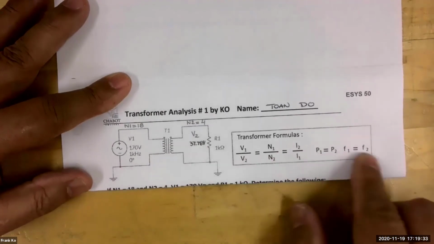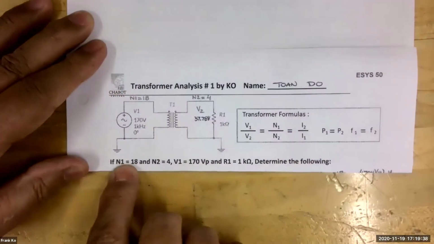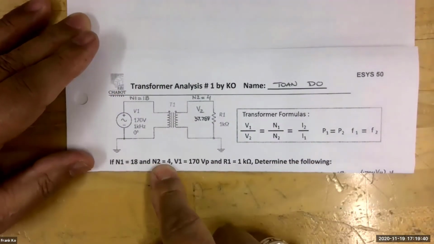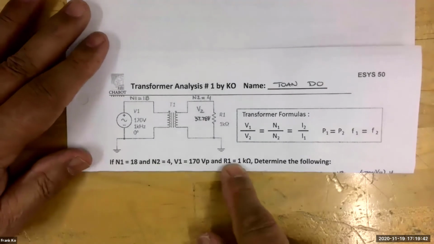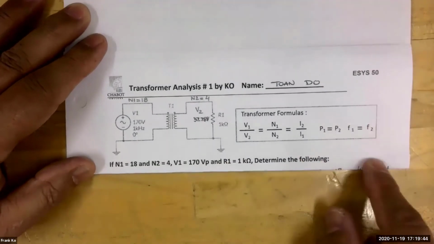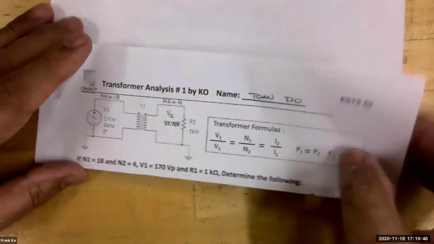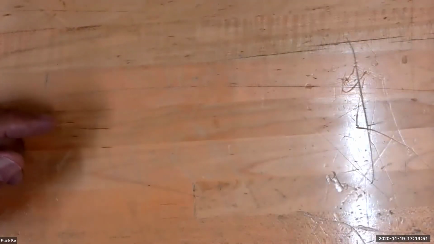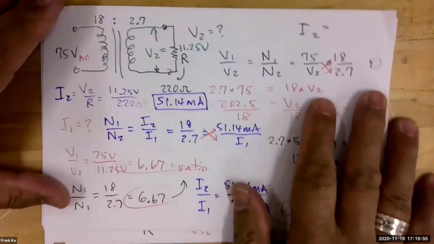I'll have the formula specified, and I'll give you some parameters, and I'll say that if N1 is some value, if N2 is some value, if voltage 1 is some value, and the resistor is some value, can you determine all the rest of the things that we determined? And hopefully, yes. So it'll look a lot like the exercises that we've just finished on these pages.